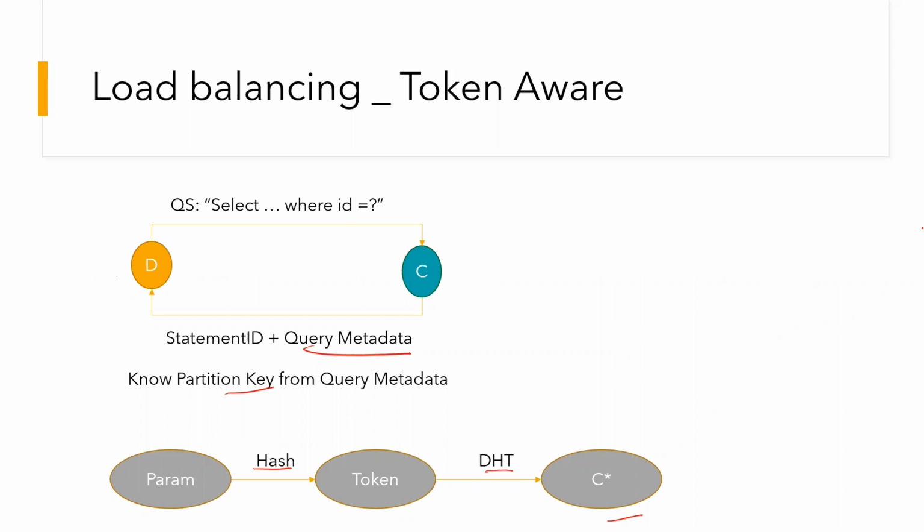If you're not using a token aware policy, it will take one of the nodes as its coordinator and pass the request to it. So the driver plays a very key role in picking the coordinator. The coordinator is not a defined node; it can be any node within the cluster.